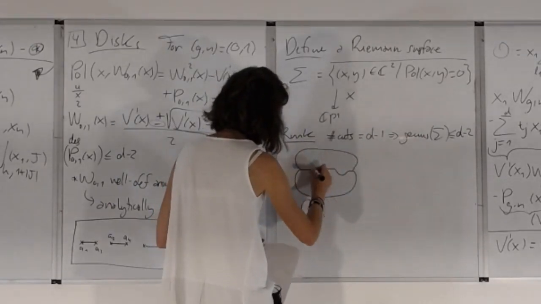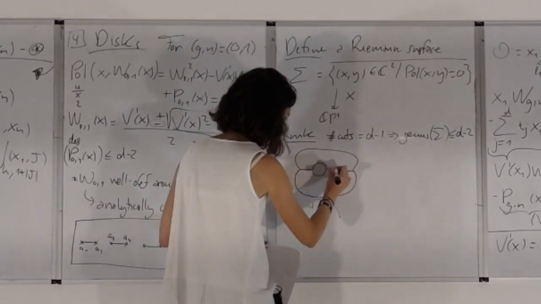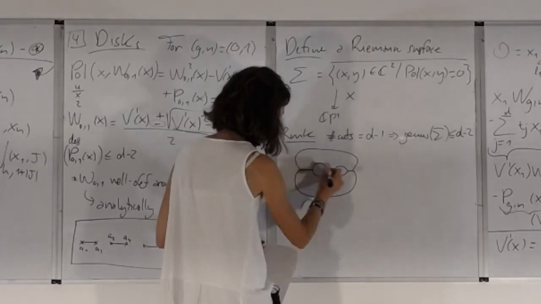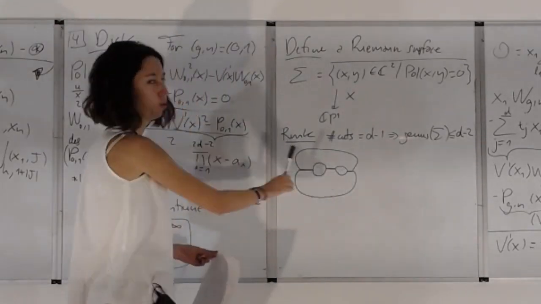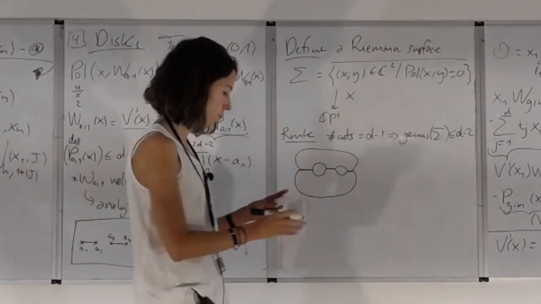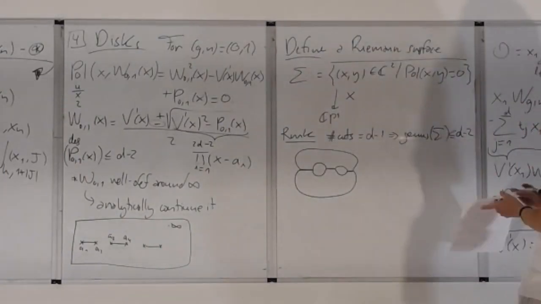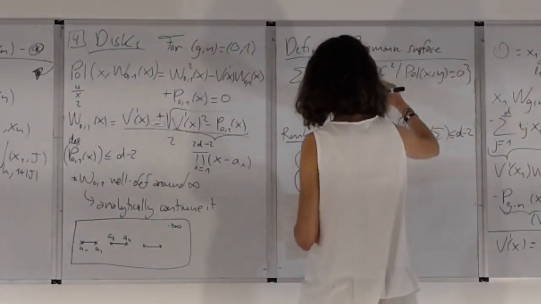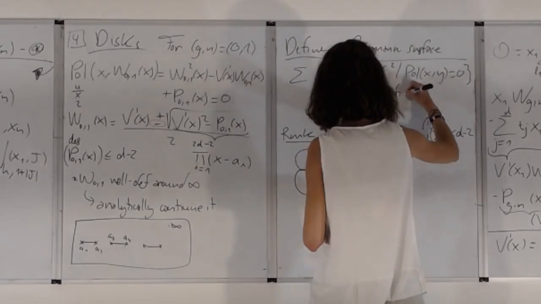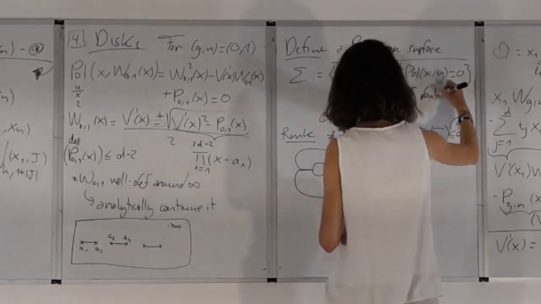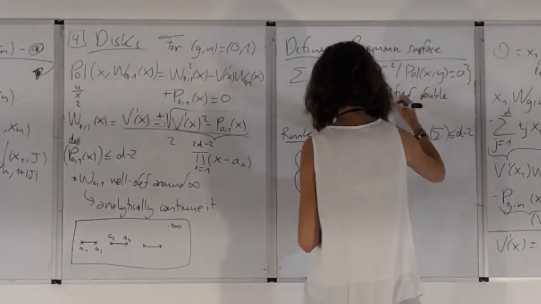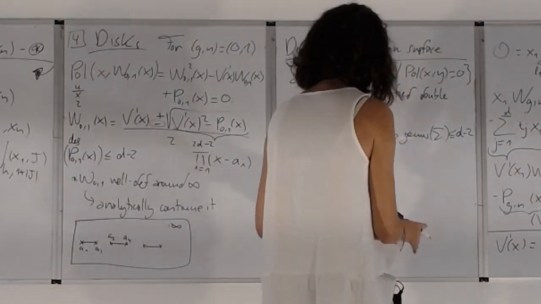So for example, if it has 3 cuts, the genus will be 2. Okay, just for you to have an intuitive idea of what's happening. This is a ramified double cover of the Riemann sphere.